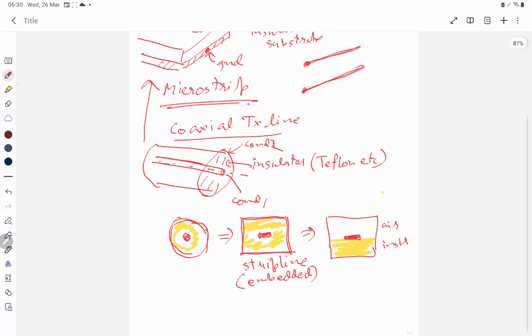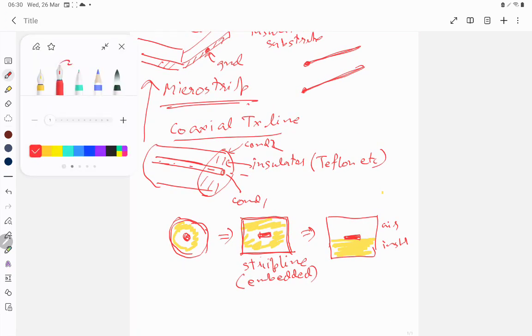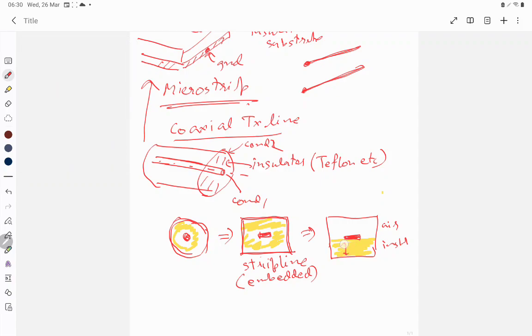Next, it was found that if this distance is h, the substrate thickness, is small enough, then all the electric fields or the energy fields will be mostly contained within this substrate.